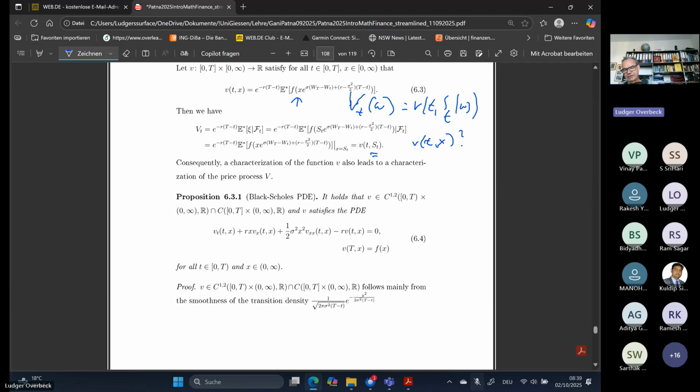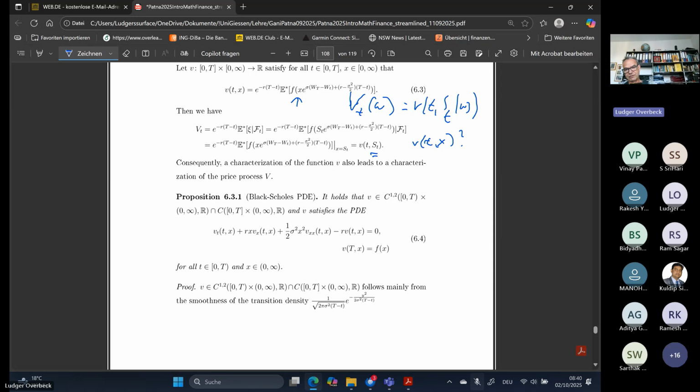In mathematical finance you usually only look at this one, but it's a general theory of how you can solve partial differential equations by stochastic methods, how you can represent their solution as path integrals over diffusion processes.